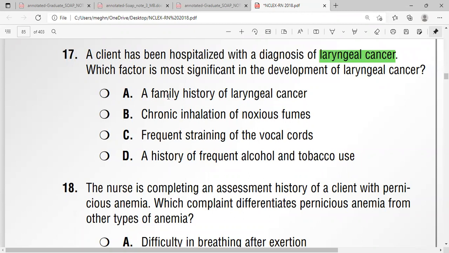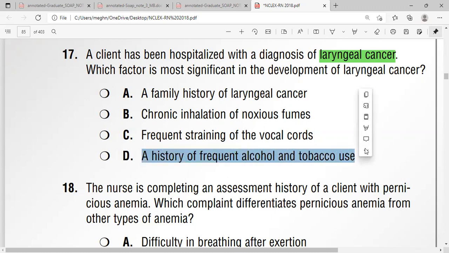Number A, family history of laryngeal cancer. Number B, chronic inhalation of noxious fumes. Number C, frequent straining of the vocal cords. Number D, a history of frequent alcohol and tobacco use. The correct answer is number D, right?